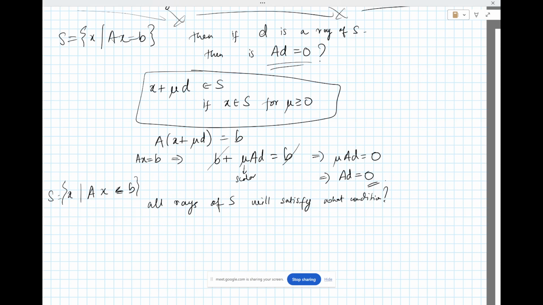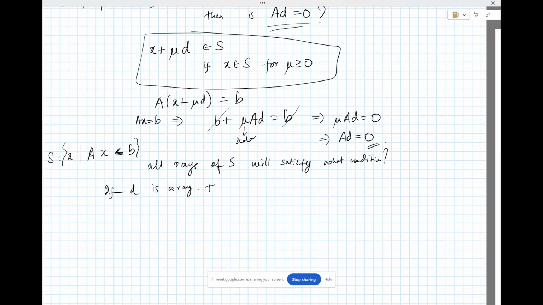No, I have this, right? Okay, let's make it. So if D is a ray, then A(x plus mu D) should be less than or equal to B.